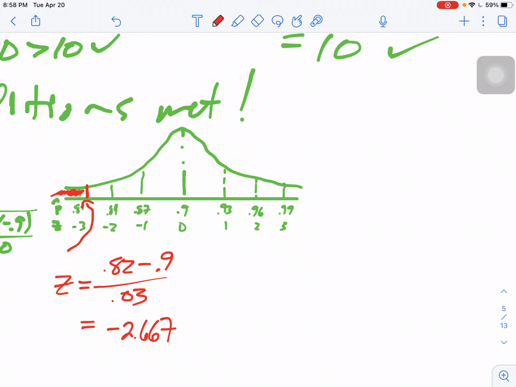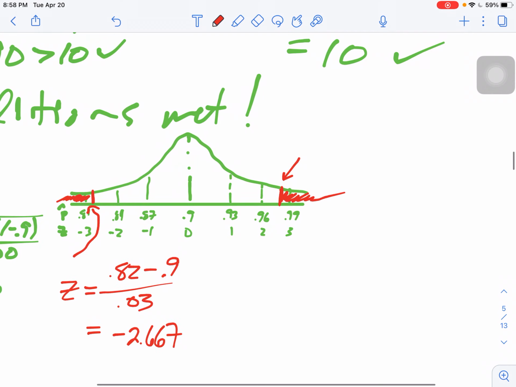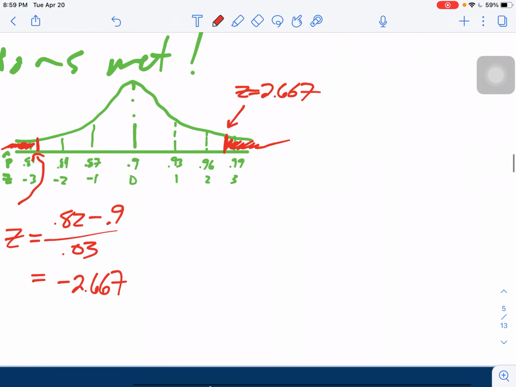So I'm going to figure out where a z-score of positive 2.67 is, and that's going to be about here. And then I'm going to shade to the right. So again, that matches up with a z-score of positive 2.667. And again, over here is the negative 2.667. So again, I'm shading the two sides, the two tails, because this is a not equal to alternate hypothesis.